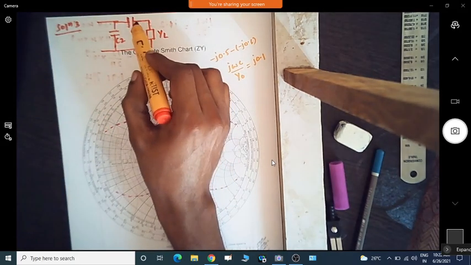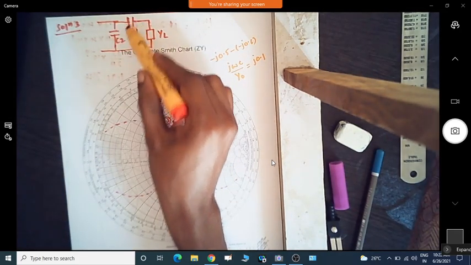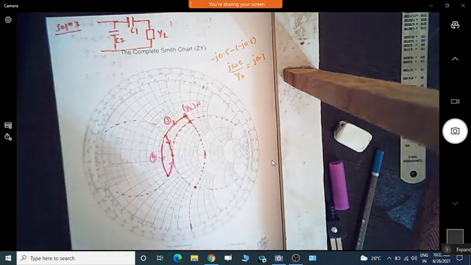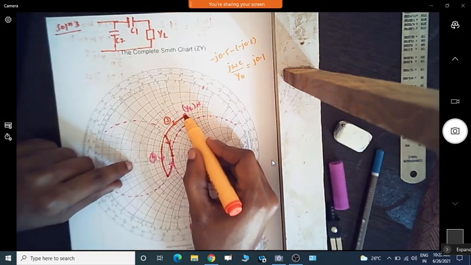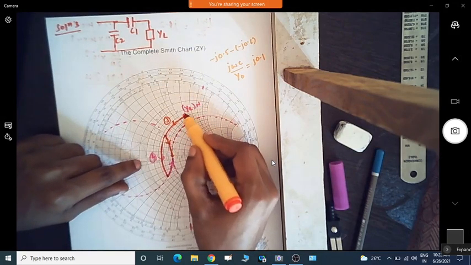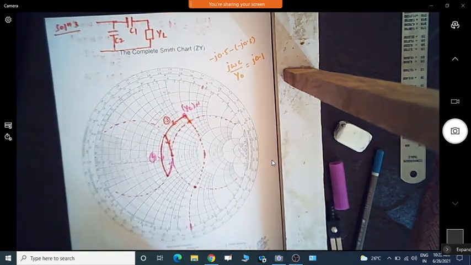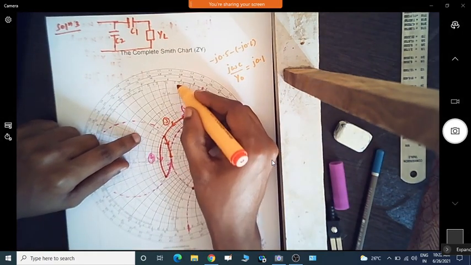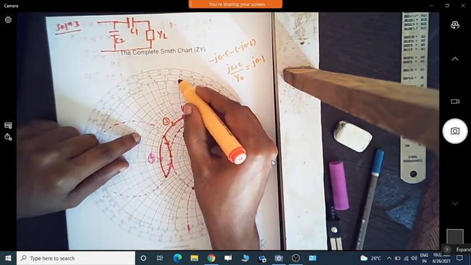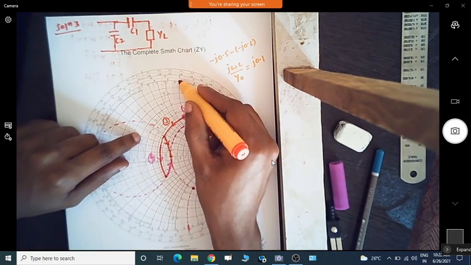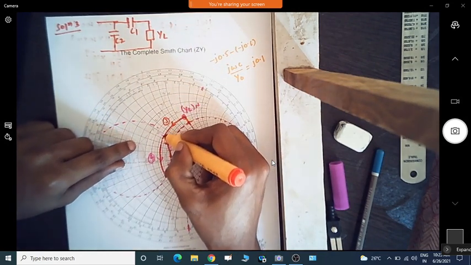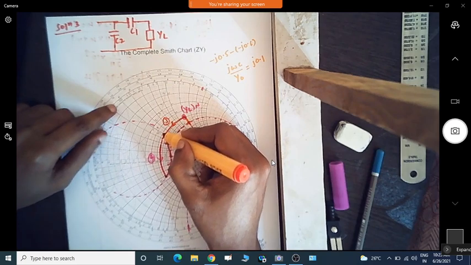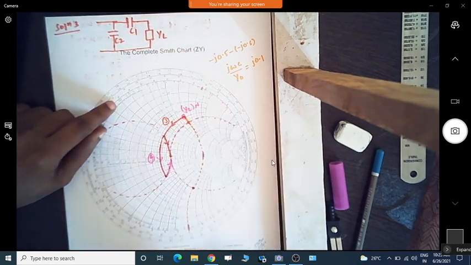So first you write the configuration, what are the elements, then we can find out the value of those elements. Now from this point to this point, you see how much reactance is offered by the series capacitor. You can read the reactance value at this point is 1.2, and the reactance value at this point is around 0.45.